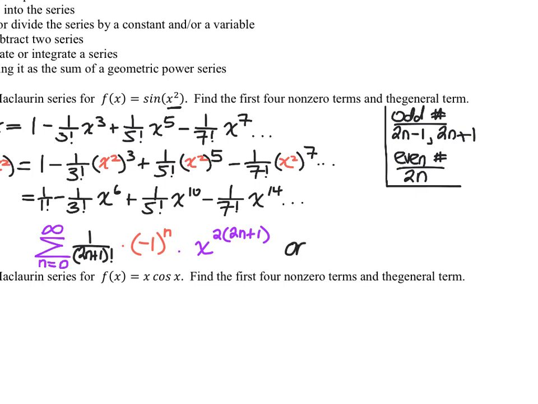You could write it as the sum going from n equals 0 to infinity of negative 1 to the nth over 2n plus 1 factorial times x to the 4n plus 2. That's fine, but that's not a better answer. It's a little neater, I guess. This gets the job done.